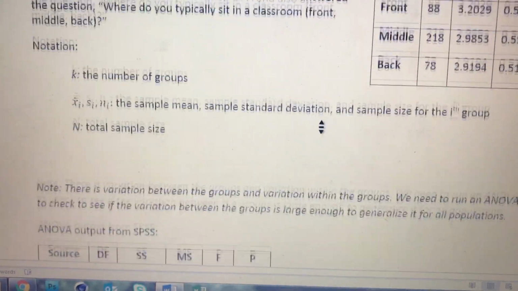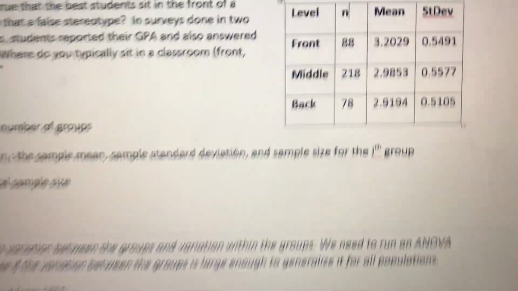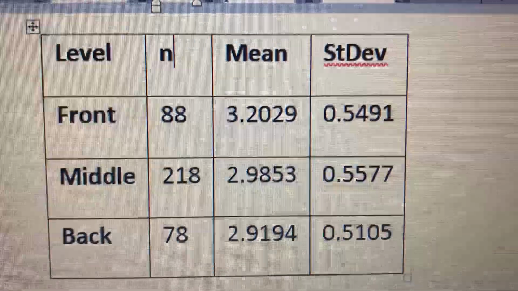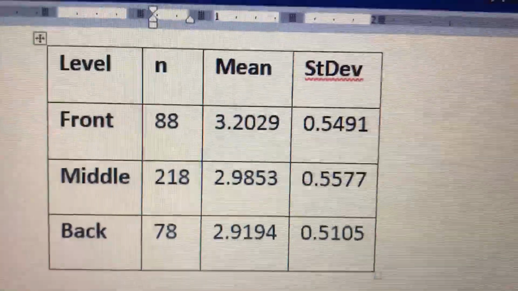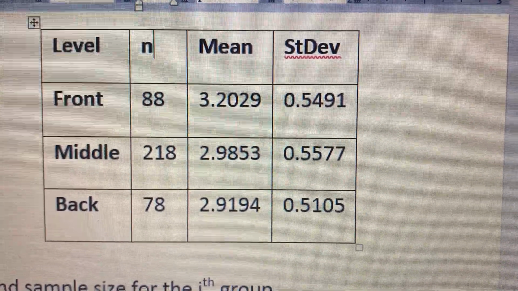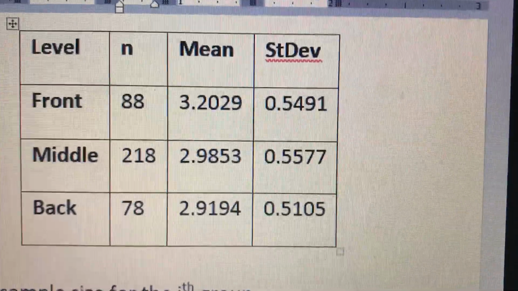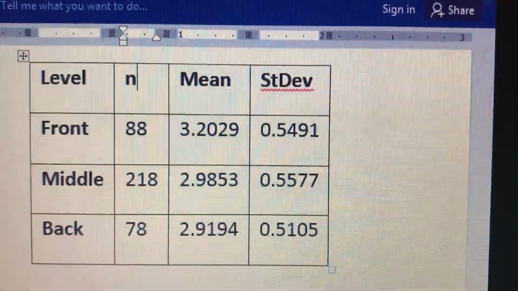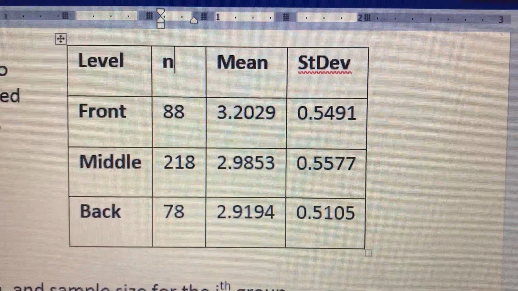So from our table here, we can see that there is variation between the groups and there's variation within the groups. We can see that there's variation between the groups because not all of the sample means are equal. The sample mean for those that sit in the front is a little bit higher than those that sit in the middle, and that's a little bit higher than those that sit in the back. Also, we know that there's variation within each group because our standard deviations are non-zero.